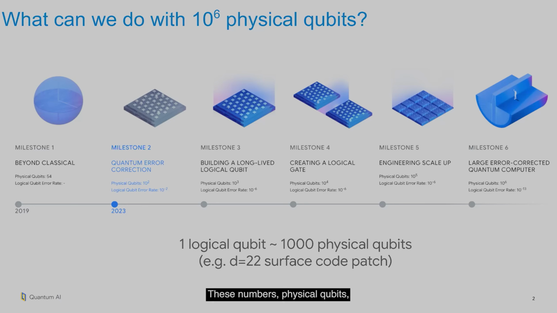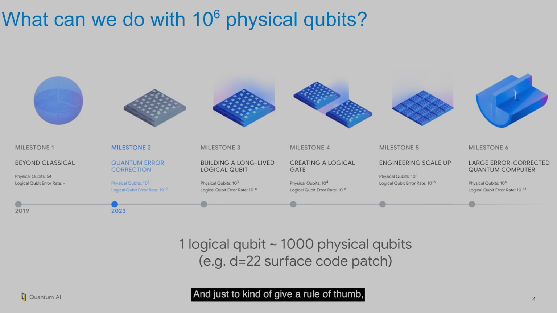These numbers are physical qubits, like how many superconducting qubits you have, how many ions you have in your trap. But physical qubits are too noisy to solve the utility scale problems that we believe these will be useful for. To do any of that, we need quantum error correction, and that means there's going to be some overhead in translating the number of physical qubits you have to the number of logical qubits.